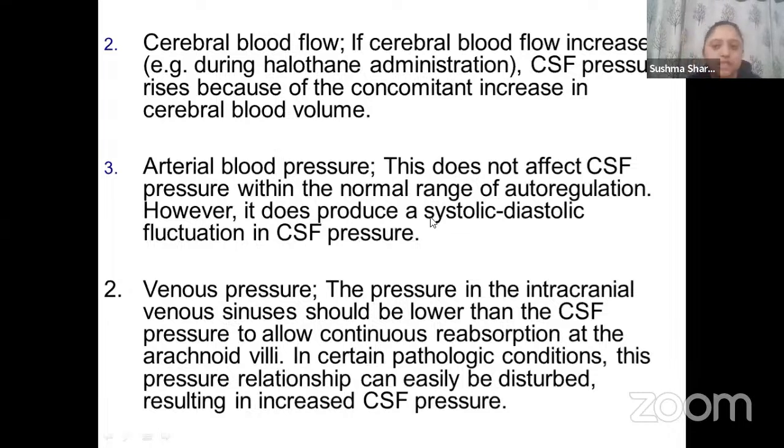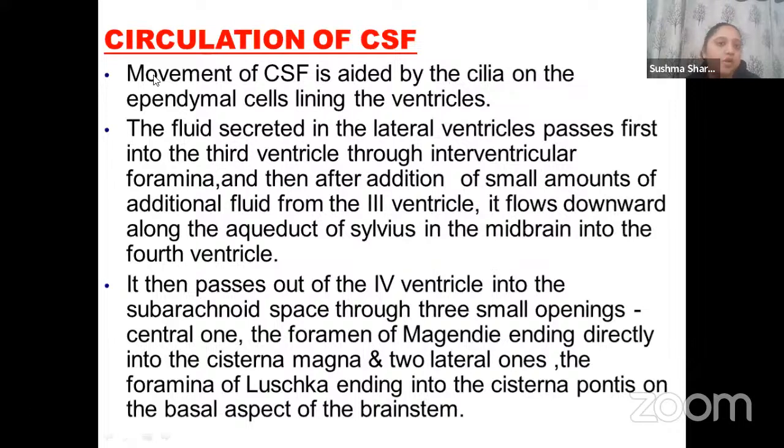However, it does produce a systolic diastolic fluctuation in CSF pressure. Venous pressure, again, in the intracranial venous sinuses should be lower than that of the CSF to allow it to flow through for continuous reabsorption in the arachnoid villi. In certain pathologies, this pressure relationship gets disturbed and that increases the CSF pressure. Okay. Now, circulation of CSF.